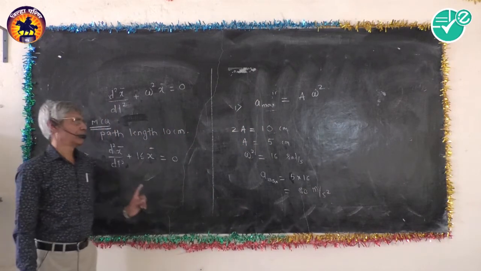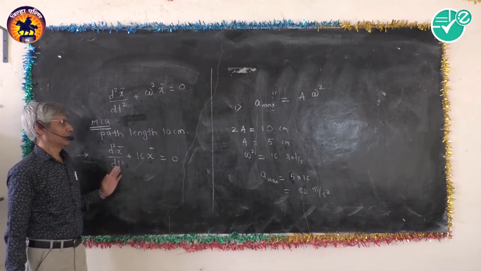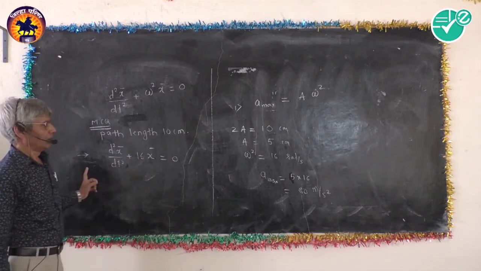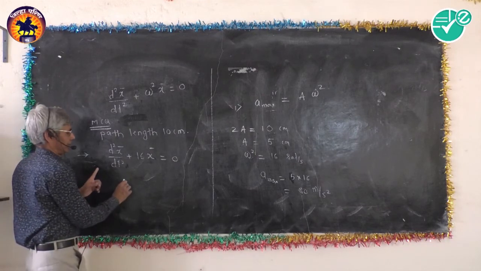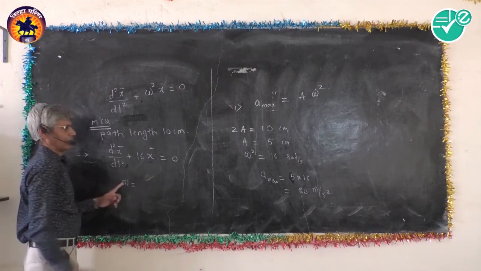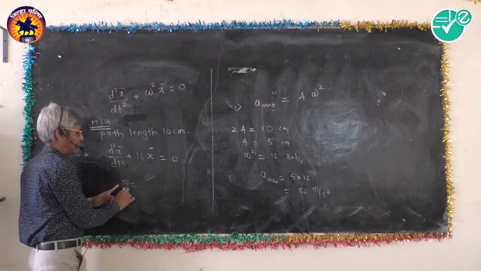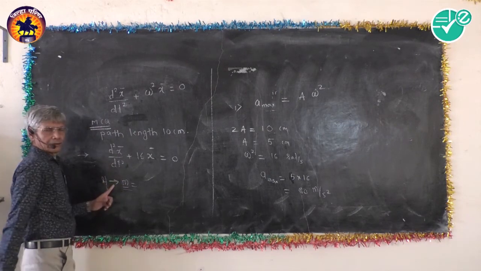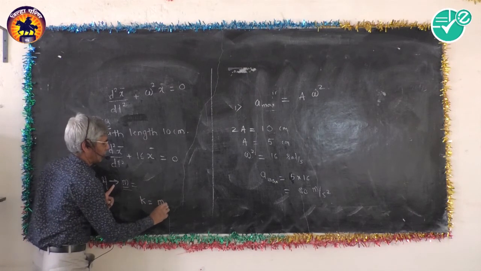So this is something different. Now, if mass is given, then we have omega square and we have mass, so we can find the K, the force constant.